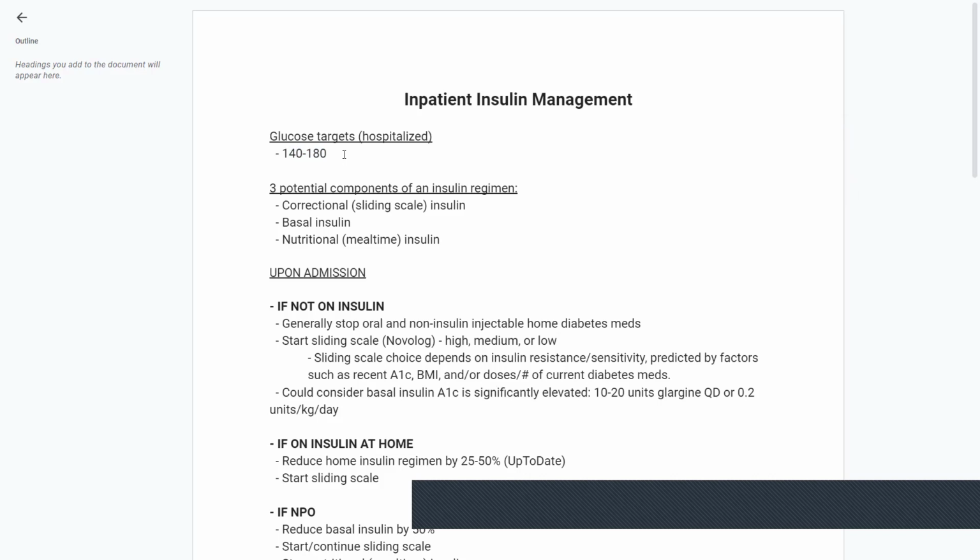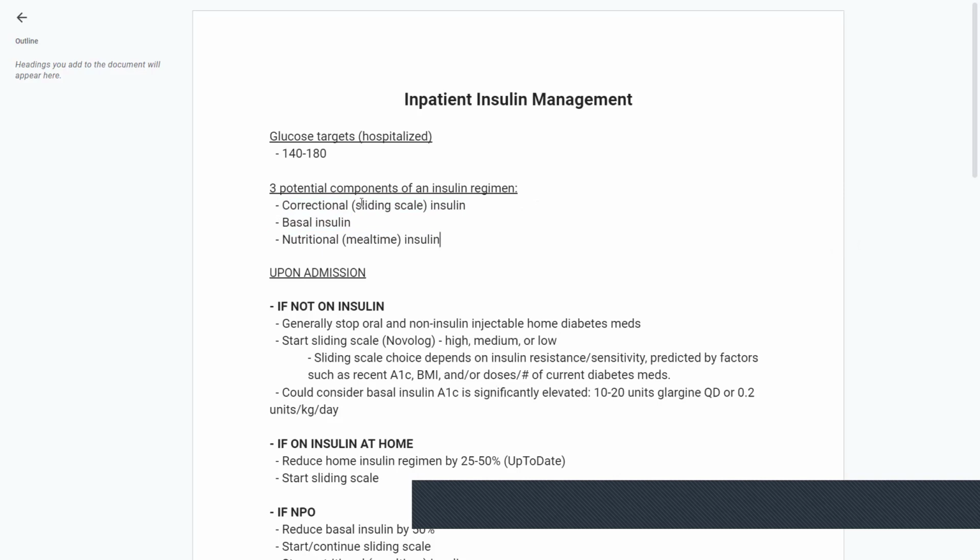Let's see. So we'll talk about the three different potential components of an insulin regimen. This doesn't cover an insulin drip, that would be something different, but just our normal patient in the inpatient and outpatient setting. We'll get into these later on down here, but generally what we start with is a sliding scale, also known as correctional insulin.